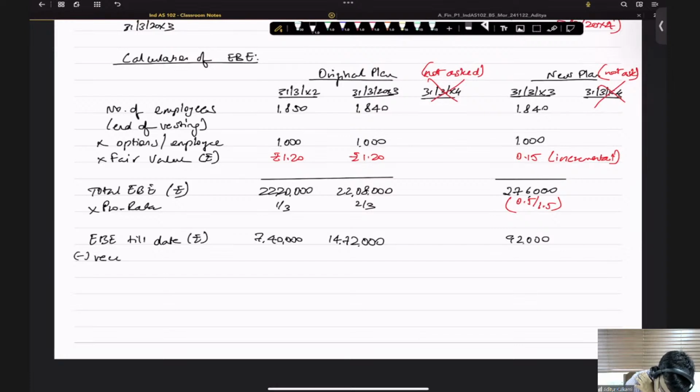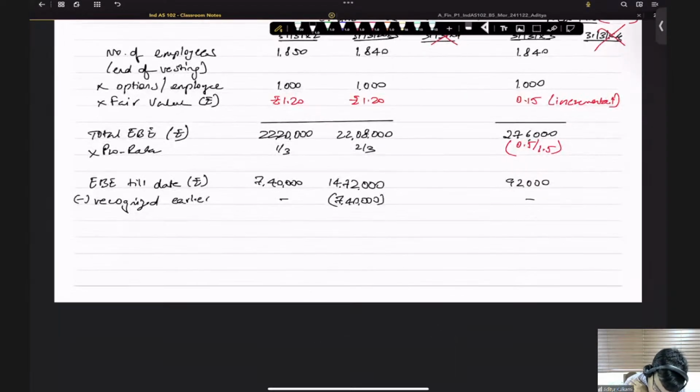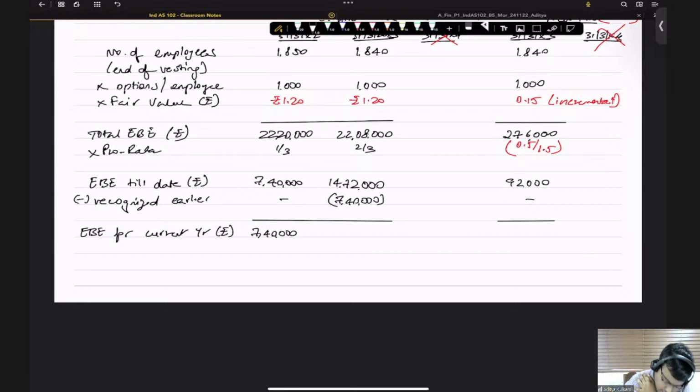Less recognized earlier: 0. EBE for current year: 7,40,000 plus 92,000.